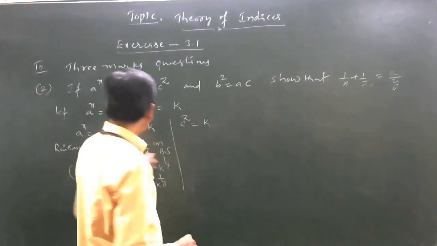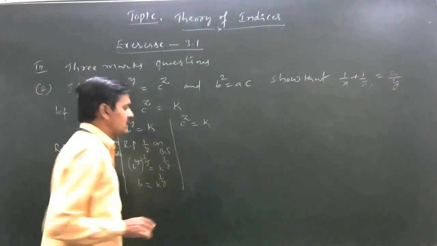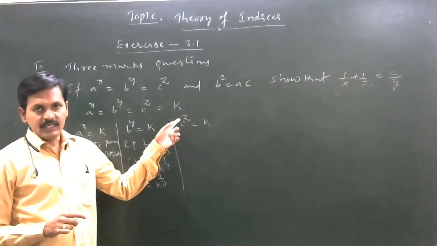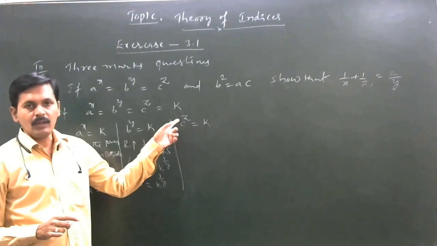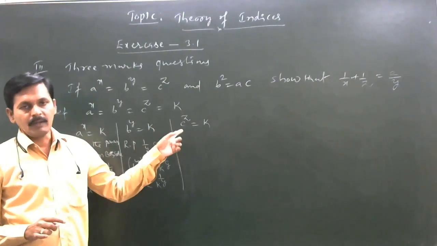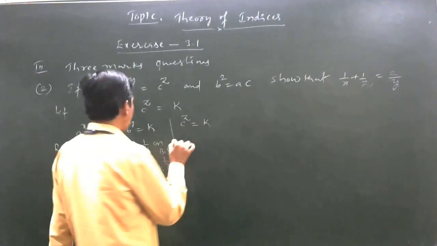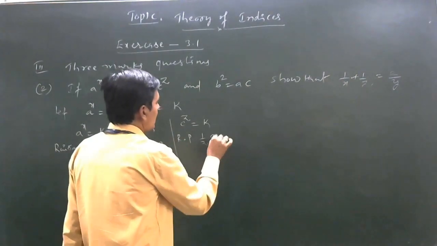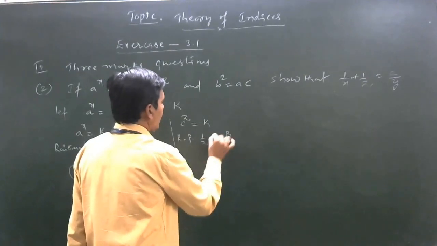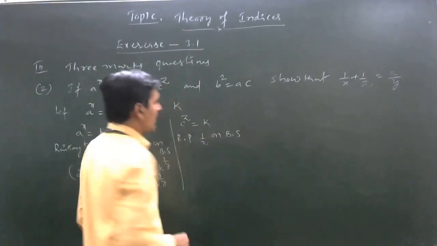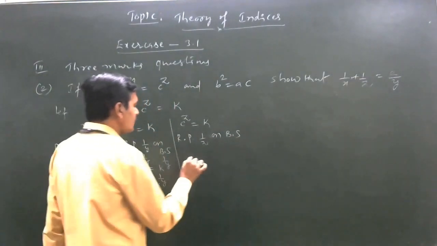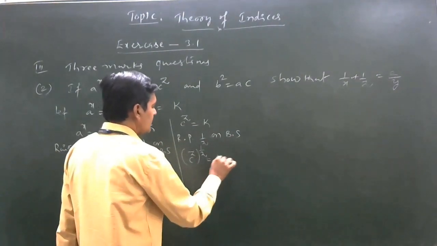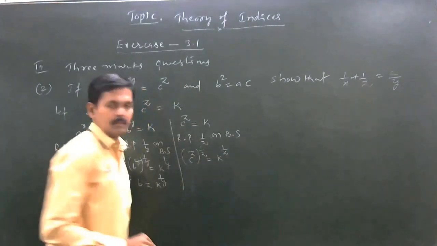Here also, in the same method, what is the c power value? It is z. To remove the z, raise to the power 1 by z on both sides. (c power z) whole power 1 by z equals k power 1 by z.